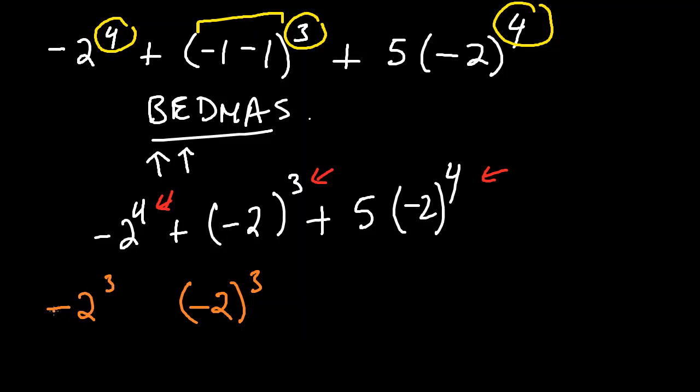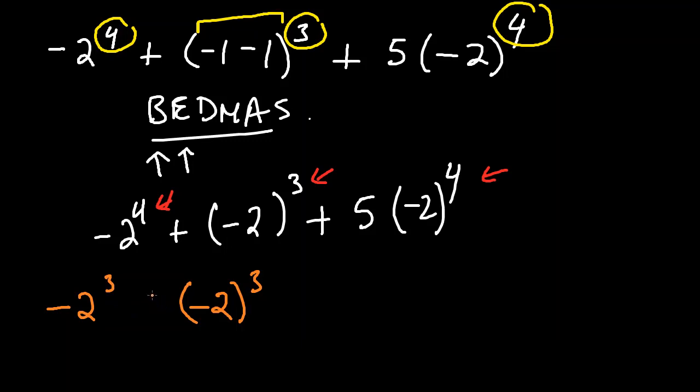The negative is out front and is not affected by the 3 exponent. However, in the second case, the 3 is actually applied to the negative as well because of the brackets. So the key thing here is the brackets, because the exponent 3 is on top of the brackets, but in the first case, it's just on top of the 2. This is important because these two problems, although they look similar, give us different results.